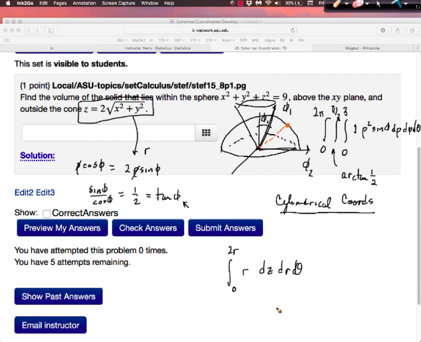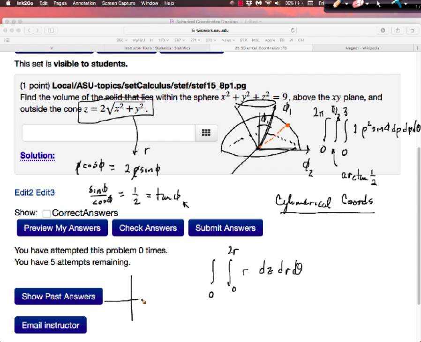Max, you agree with that? Yeah? Okay. Zoe, you agree with that? All right, then what about r? 0 to 3? And where's the 3 come from? Radius of the sphere. So now we're looking at dr d theta. So we're looking at what?